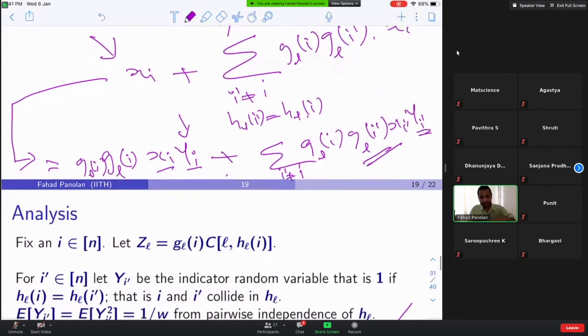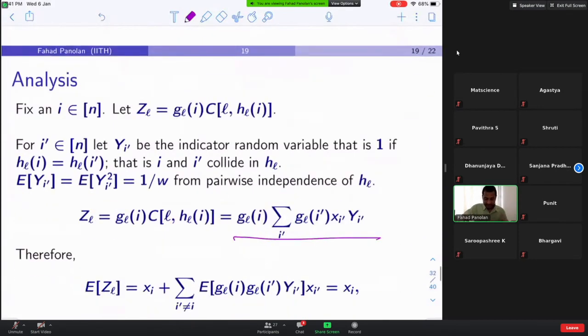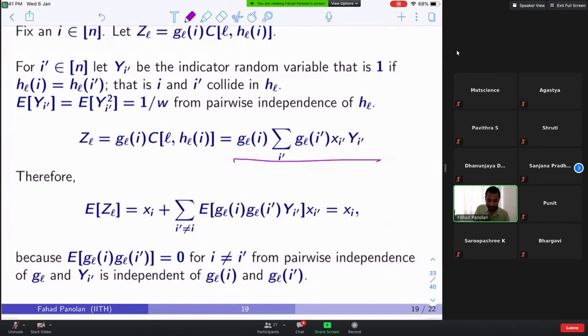Expected value of xi is xi plus this term, right? In that term, what you will have is I prime not equal to I, expected value of GL of I prime, yi prime, xi prime. So xi prime is a scalar that you can take outside. The rest of them are all random variables. GL of I is a random variable, GL of I prime is a random variable, yi prime is a random variable.